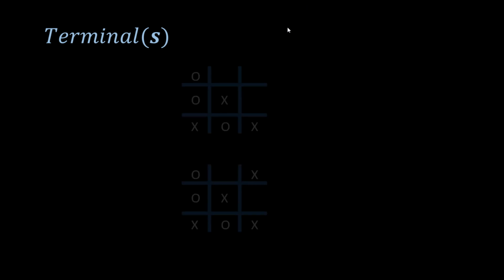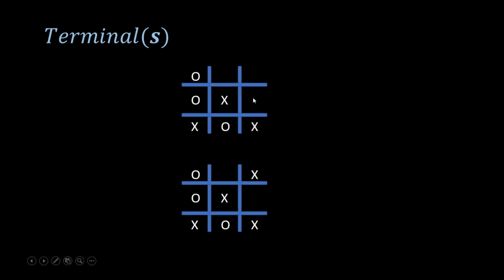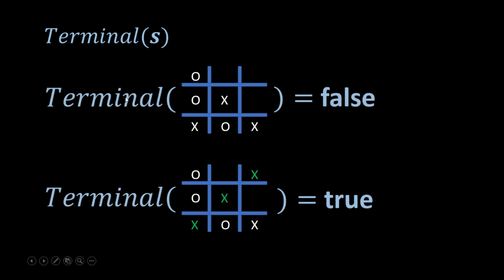You compare whether this state is a terminal one, meaning the game is lost, won or a tie. In this case, it's neither a tie because there are tiles to fill, nor a win since no one has made a diagonal or a straight line. And in this other case, it's true because it has made a diagonal line with X.